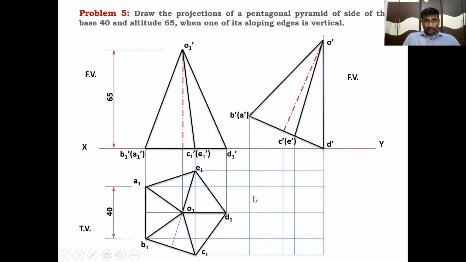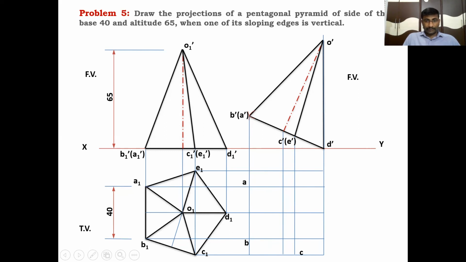After getting the intersecting points, you have to name them. How to name them? A is the point of intersection between A dash and A1. B is the point of intersection between the B dash line and the B1 line. Like that, you have to give the naming.